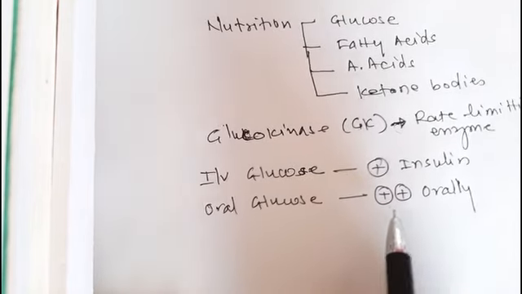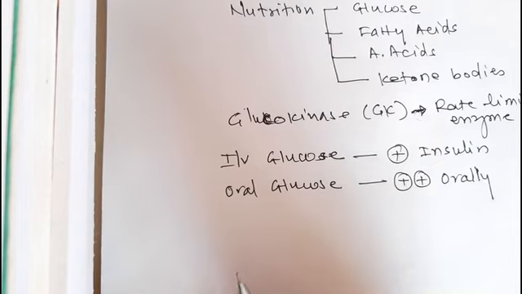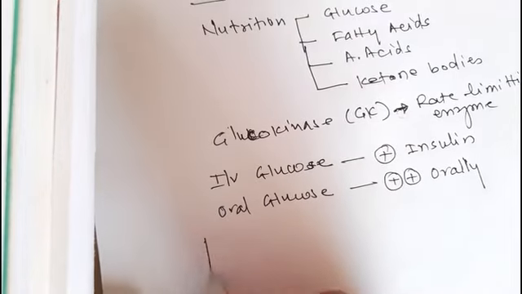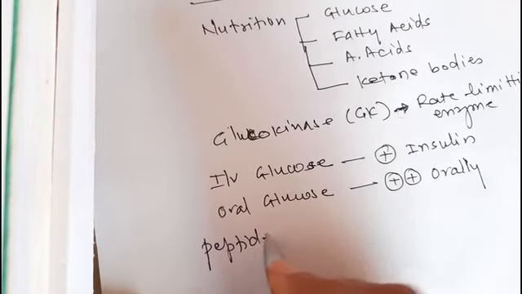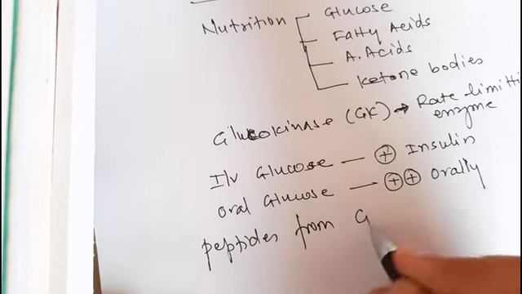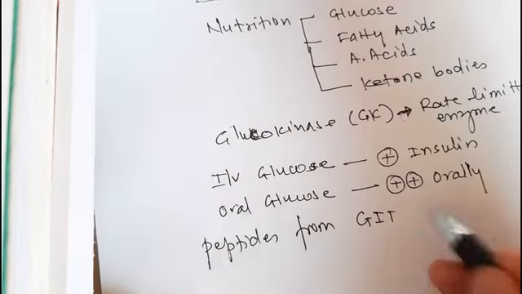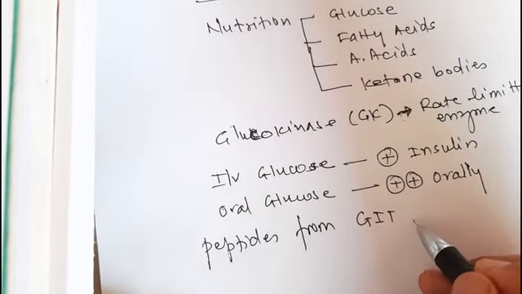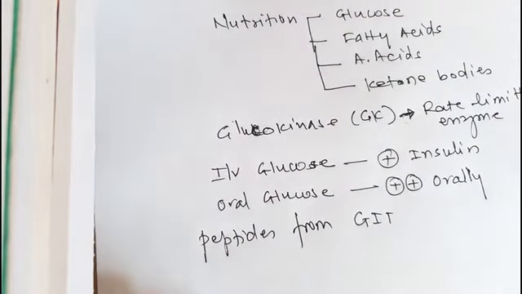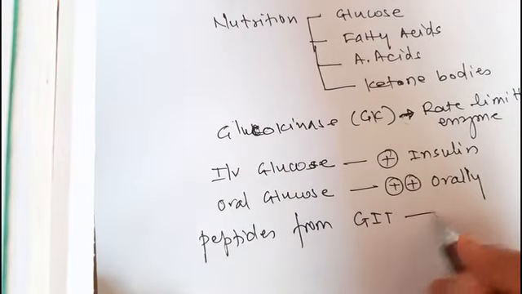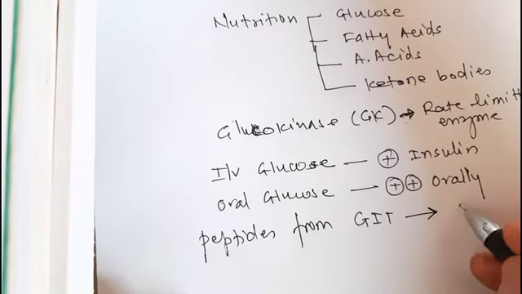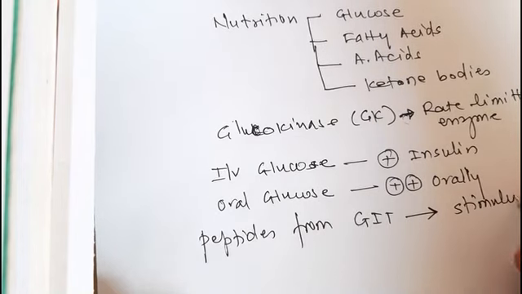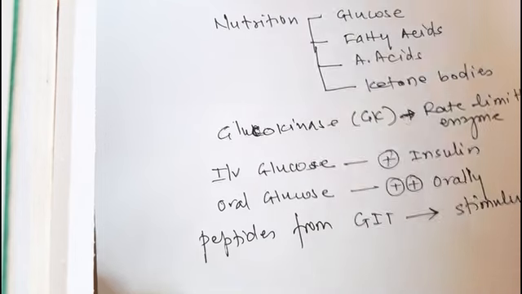So there are certain agents or peptides from the gastrointestinal tract, secreted by the epithelial cells of the gastrointestinal tract. They act as a stimulus for increased secretion of insulin.